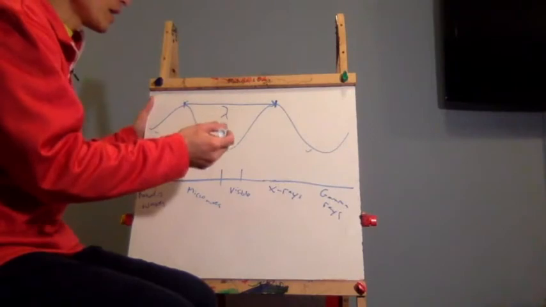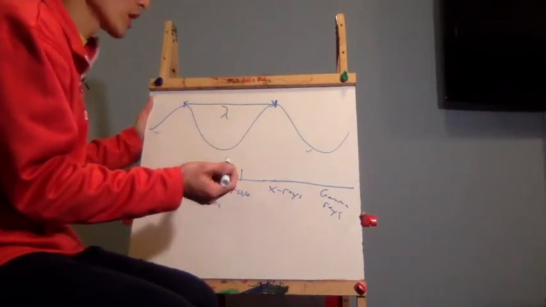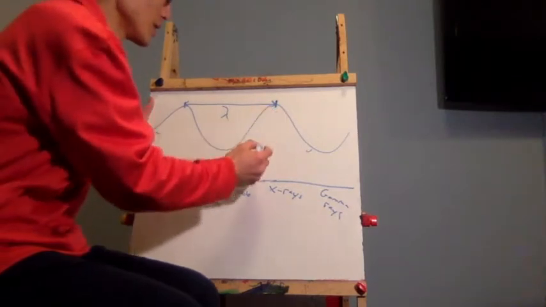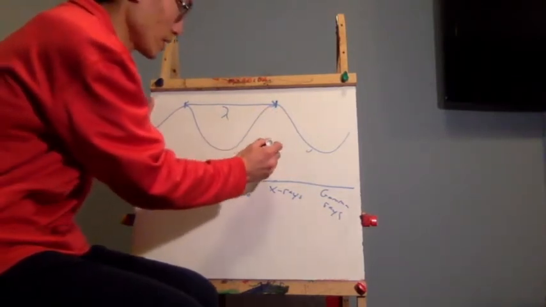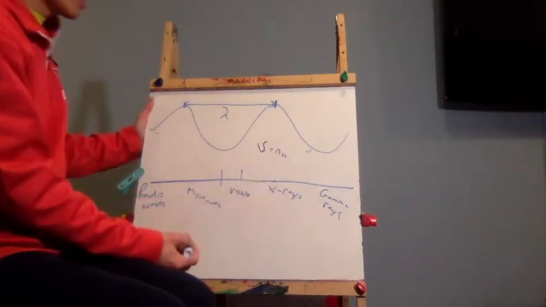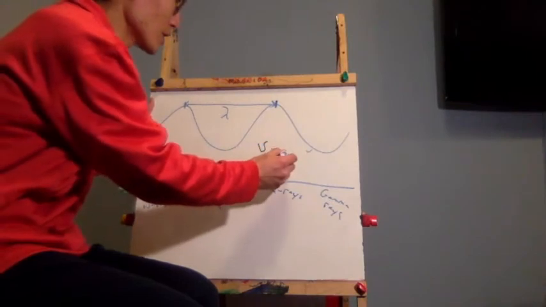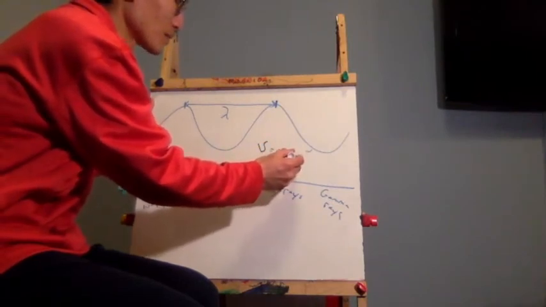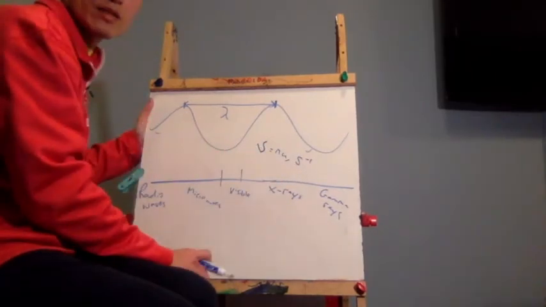We say the frequency of this wave, the symbol here is nu, which looks like a V, is in units of cycles per second, abbreviated s to the minus 1.